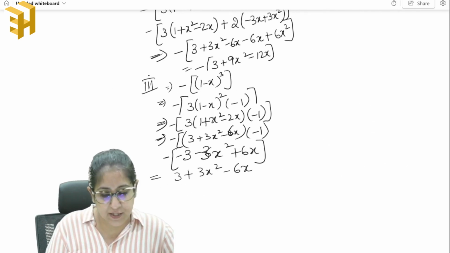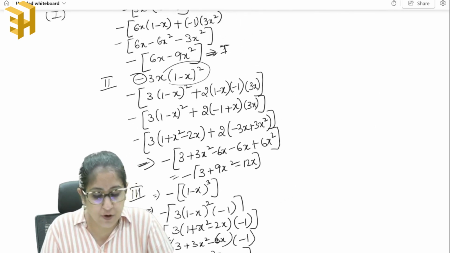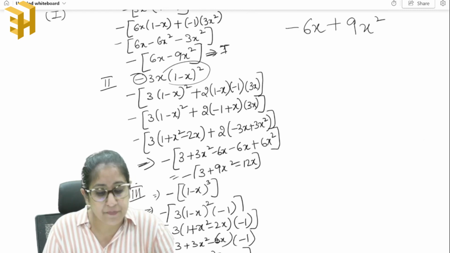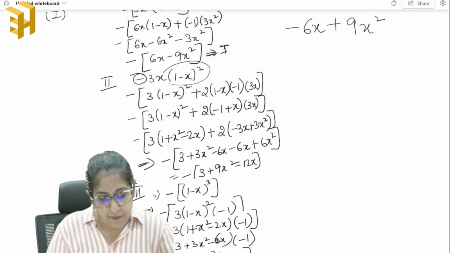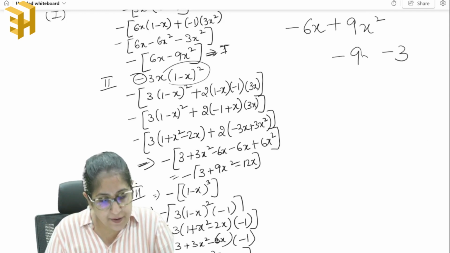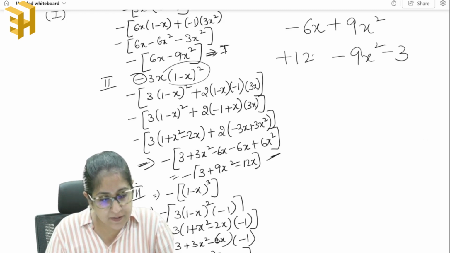Now let's compile these three portions. First one being minus 6x plus 9x square. Then we have minus 3 minus 9x square plus 12x.